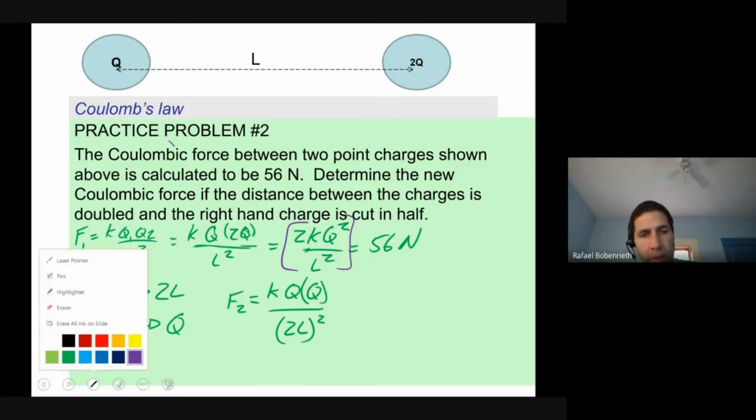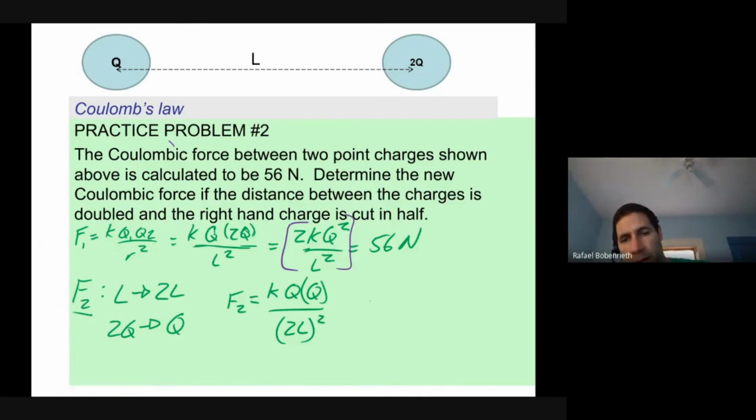So what I'm going to do here is, F2 is going to be, let's see, K Q squared. When I square the 2L on the bottom, I get 4L squared. Okay? All right, so how can I get a 2 on the top?